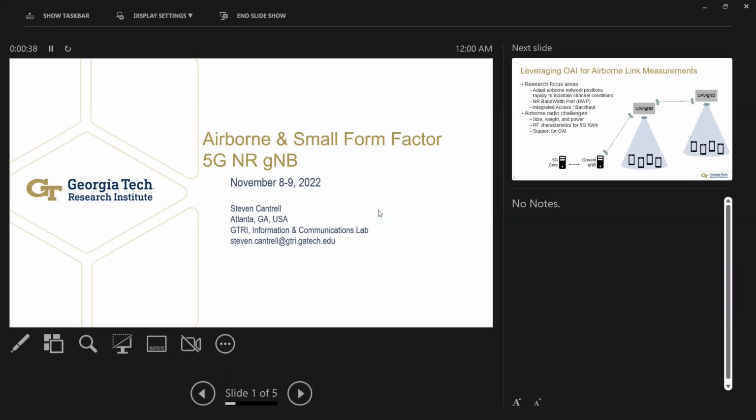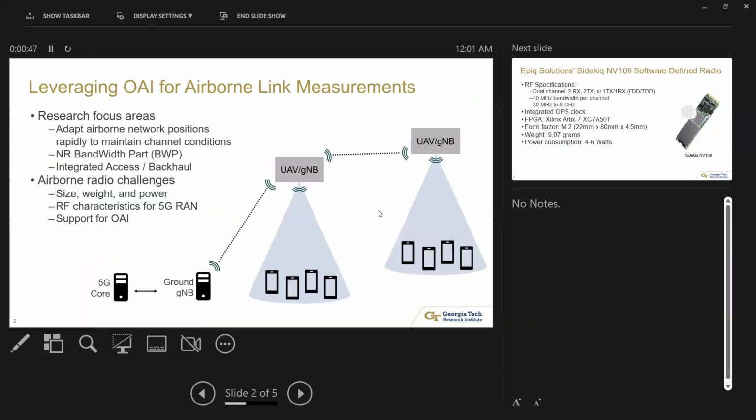So this demo here is on an airborne and small form factor gNB. I would like to share with you our motivation for doing this research. We're leveraging OAI in what's known as a mobility inverted network. For those who aren't familiar with that term, let this picture depict what we're talking about. In a traditional cellular network, you have your gNB or base station at a fixed location at a cell tower site.